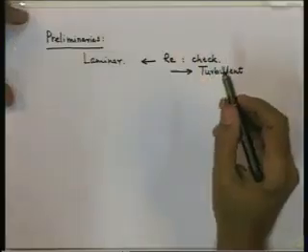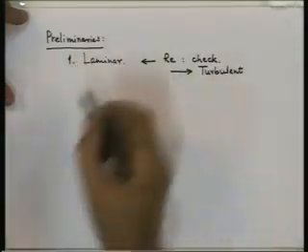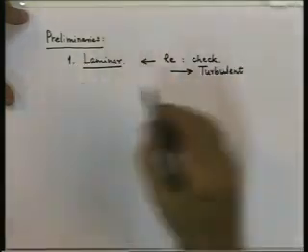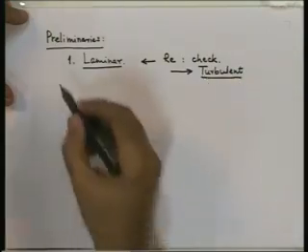So we have to check using the Reynolds number whether the flow is laminar or not. If it is not laminar, it will be turbulent and a different set of correlations will have to be used. So this laminar-turbulent question will have to be resolved.